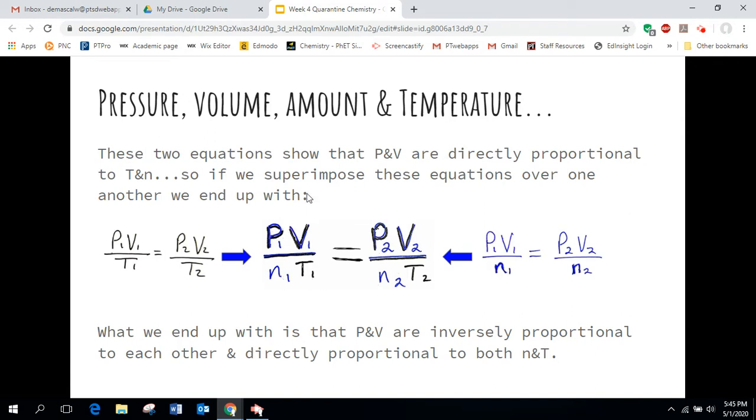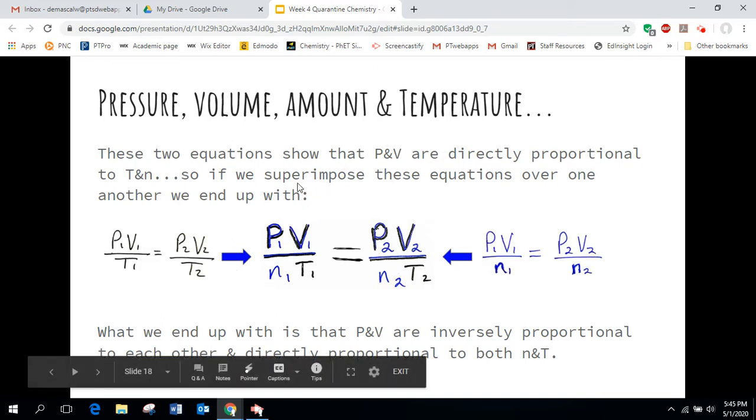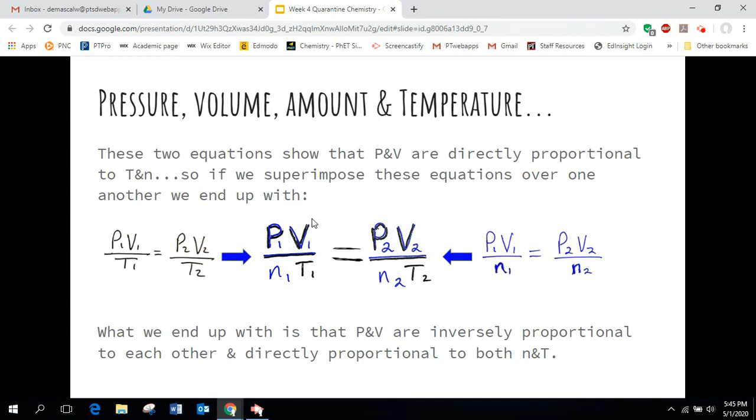We get this central equation here when we put all of that information together. So we got PV over NT by taking the combined gas law and what we learned about pressure, volume, and amount in the last video, and just smashing that all together in one equation.